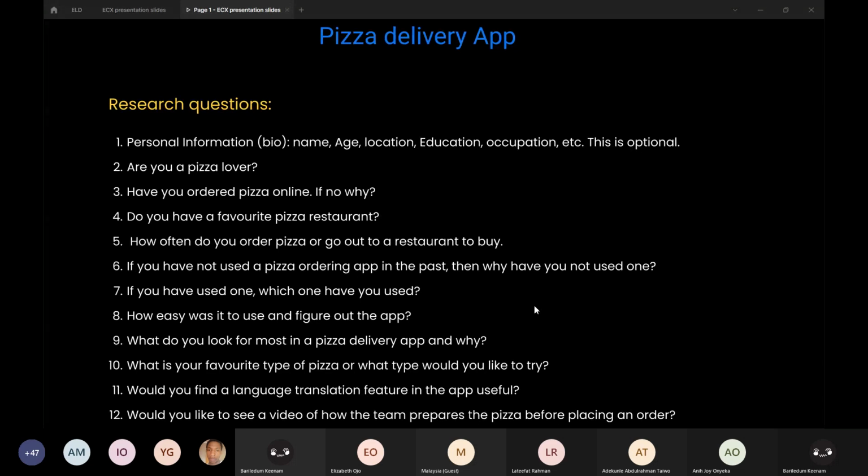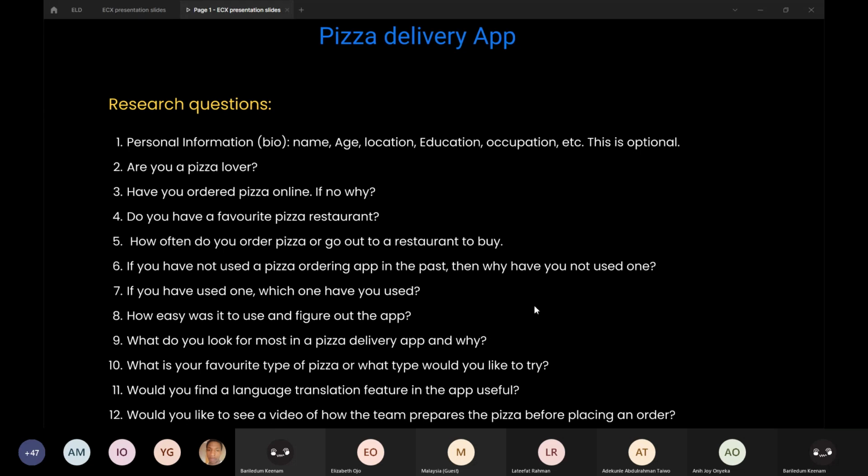So that can reduce users. But when you ask how often do you order pizza or go out to a restaurant to buy, this will let you know if users actually love ordering pizzas online or they prefer going to the restaurant to buy.